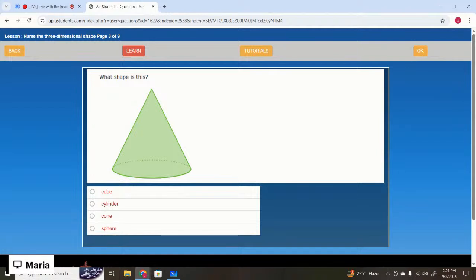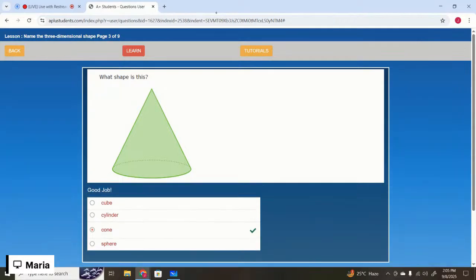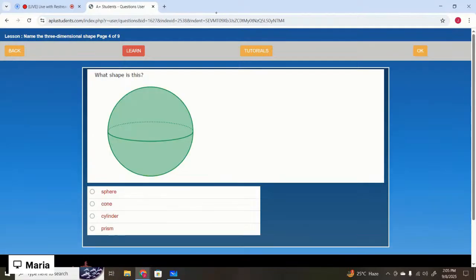What shape is this? Cube, cylinder, cone, or sphere? This is a cone. Option number 3 is the correct option. What shape is this? Sphere, cone, cylinder, or prism?